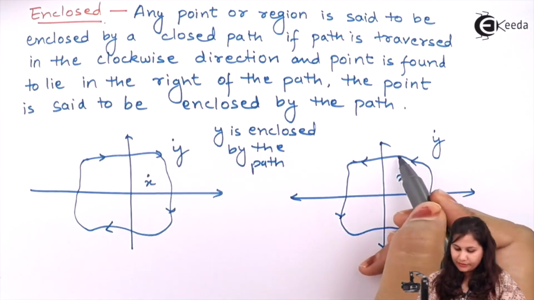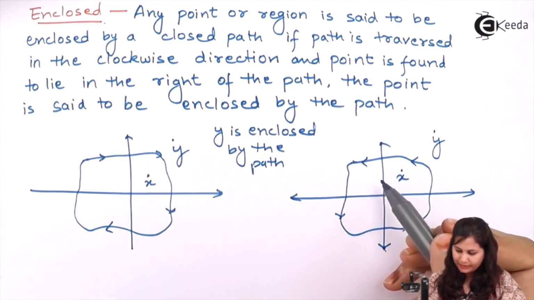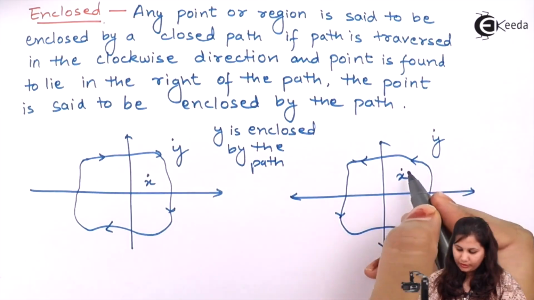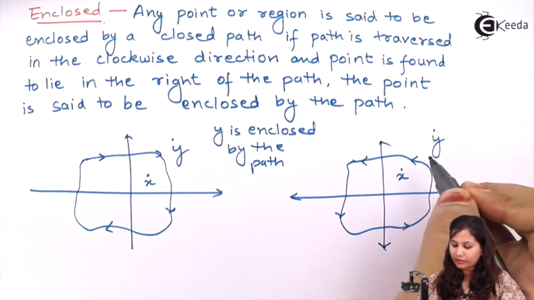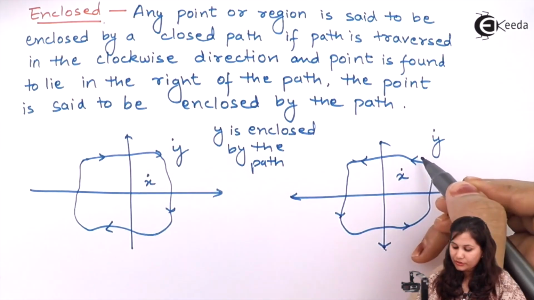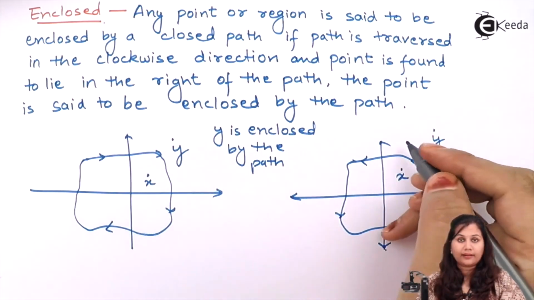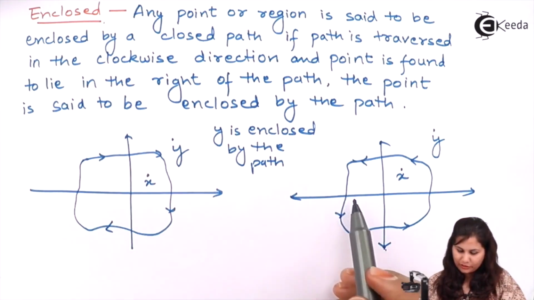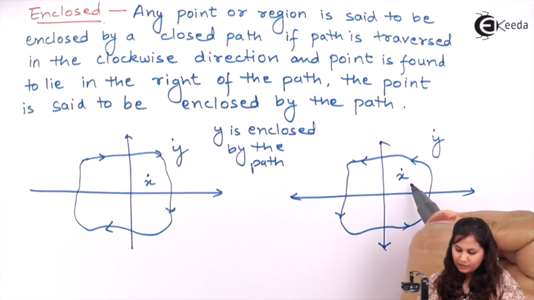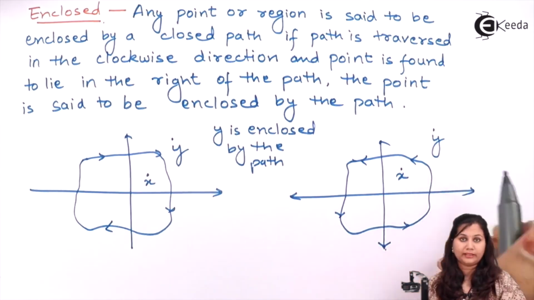So here we are traversing the path in the anti-clockwise direction. So this point Y is said to be not enclosed because it is not lying on the right hand side. So point Y is not enclosed by the path.